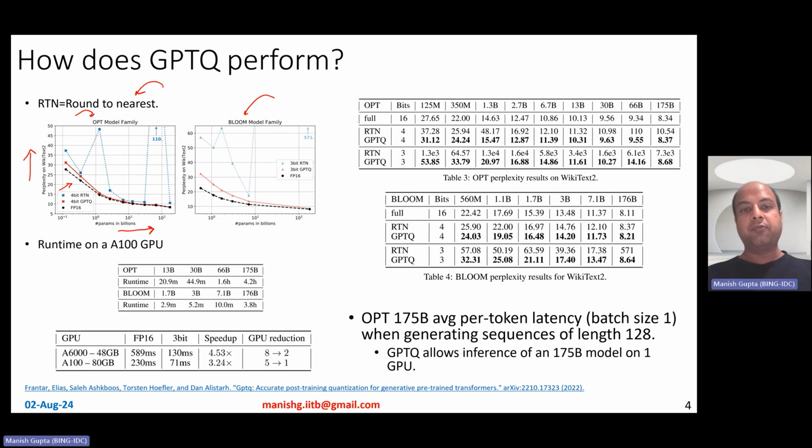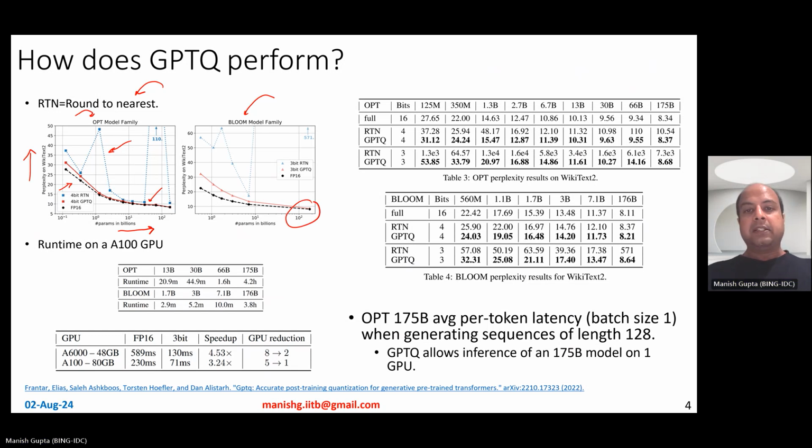The quantization is doing 4-bit quantization, which means there will be increased perplexity, as you would observe. RTN, or round to nearest, is pretty unstable. For certain regimes of model size, it can have very high perplexity, which is bad, while GPTQ gives you much more stable perplexity, much closer to the 16-bit model as your model size increases.